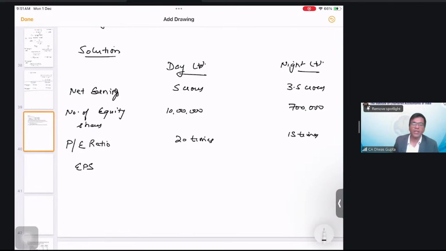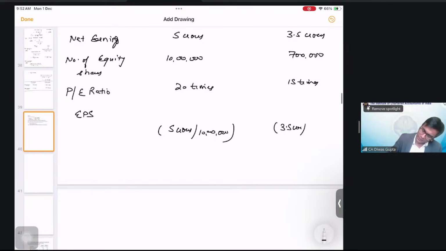The earnings per share can be calculated, yes. Net earnings divided by the number of equity shares. Five crores divided by 10 lakhs, 3.5 crore divided by 7 lakh. Right? So here it is 50 and here also it is 50.